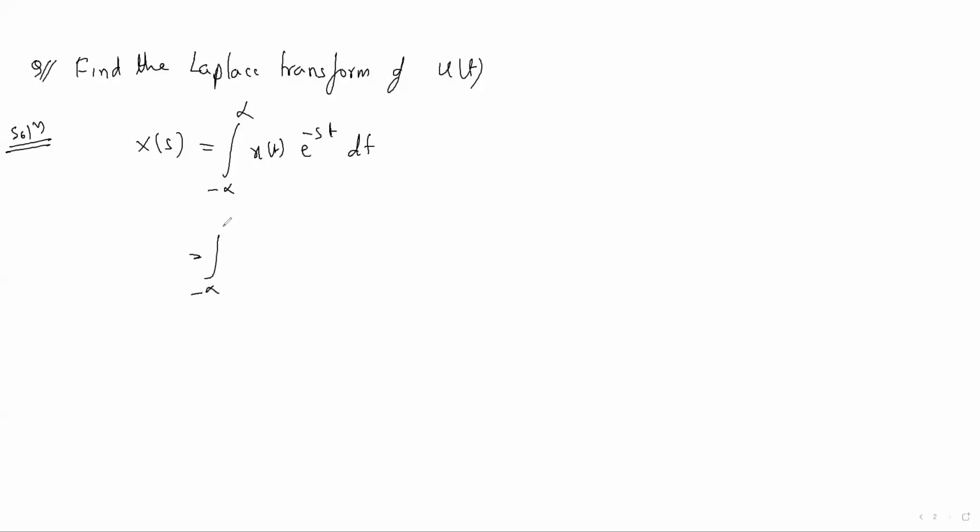So minus infinity to infinity, x of t is u of t, e to the minus st. This is very simple. You just do normal integration. Just, u of t, you know this signal is present from 0 to infinity only. That's why the minus infinity part will cancel. We can write the integral from 0 to infinity of e to the minus st dt.